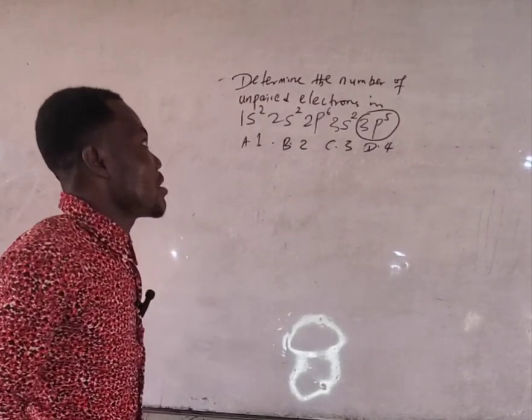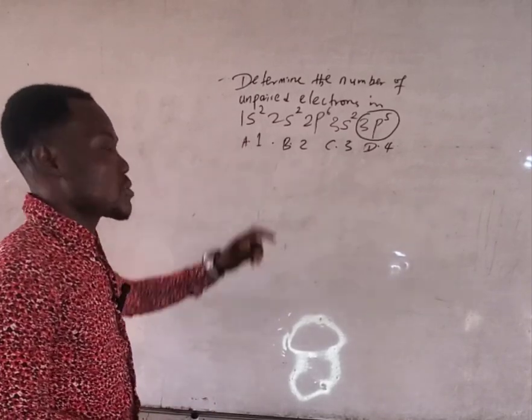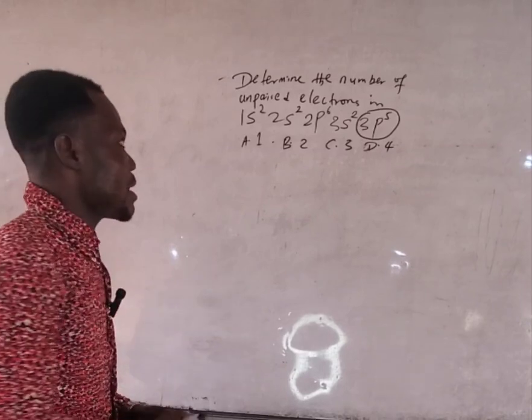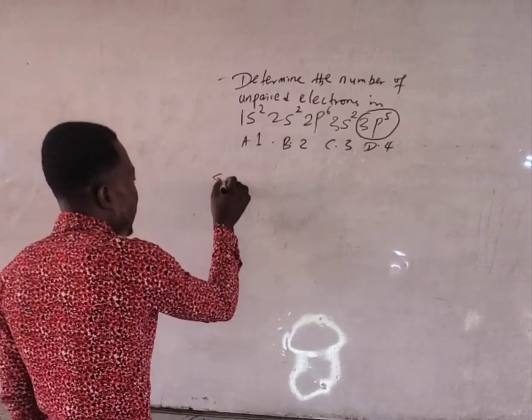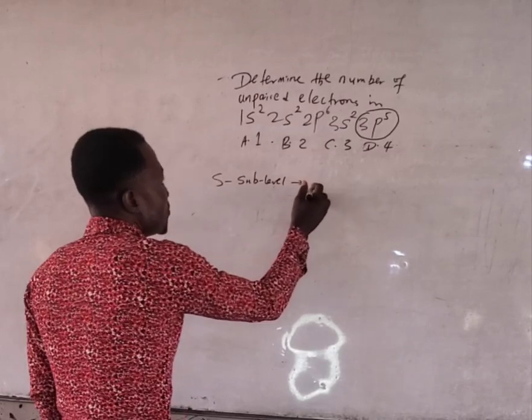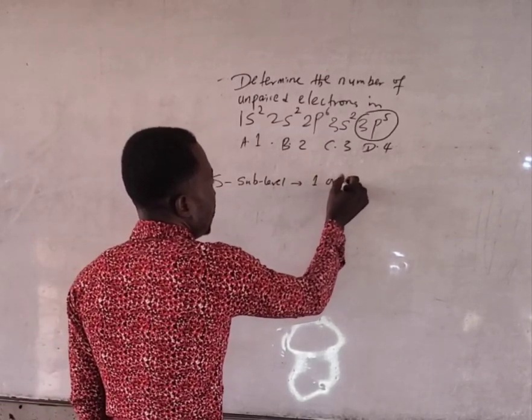And you have to know that each of these sub-levels contains a certain number of orbitals. The S sub-level has one orbital.